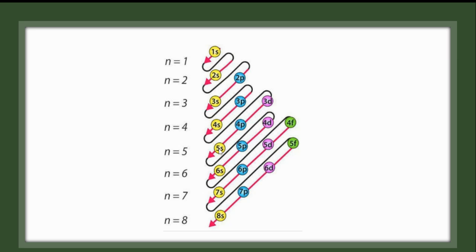After 3d, 4p, 5s, then 4d, 5p, 6s, then 4f, 5d, 6p, 7s, and then 5f, 6d, 7p, 8s. This is the easier way of writing the electronic configuration of an element of any big number using this diagram.